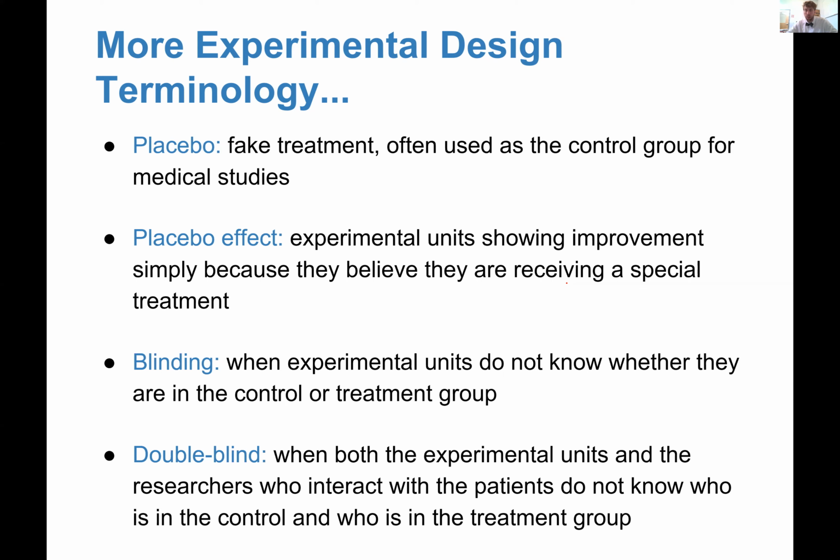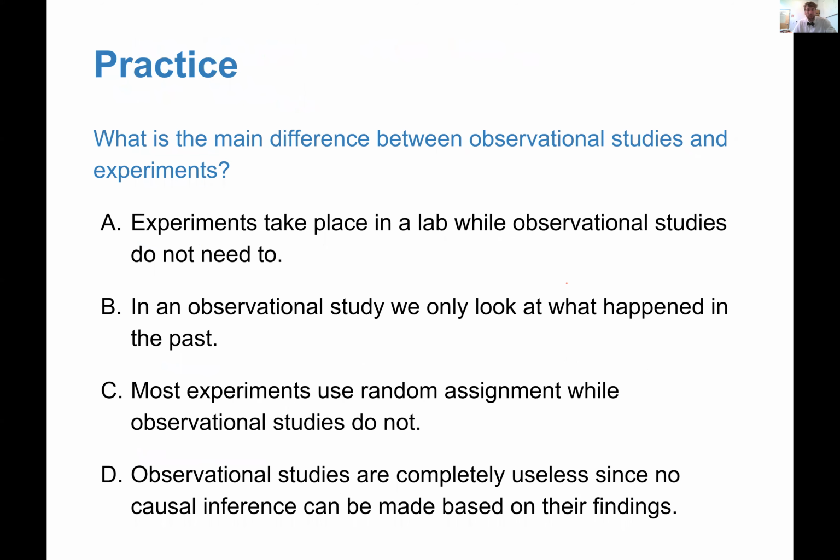If the nurses know someone is in the control group, they might be much more peppy or sympathetic, and that could have an effect. So you sometimes need to double blind, because humans are complex and why we get better from things is super complex. Double blinding helps isolate that, so that you can look at only the treatment.